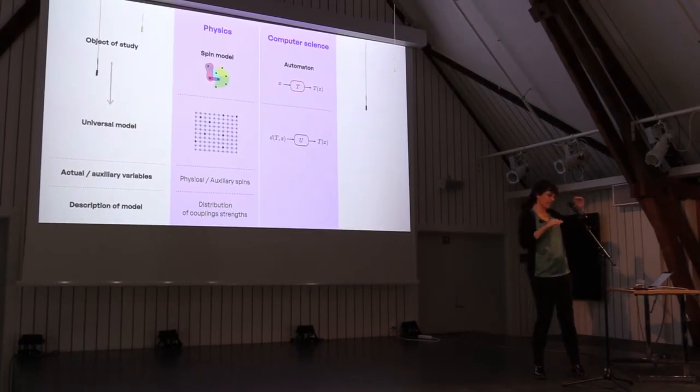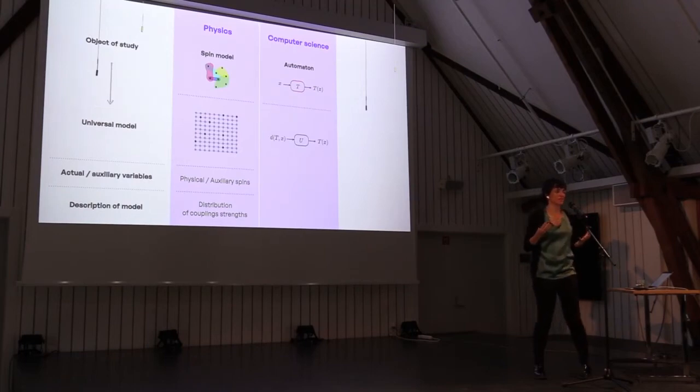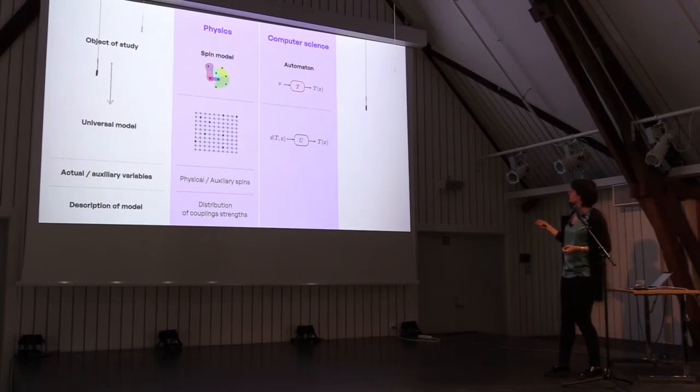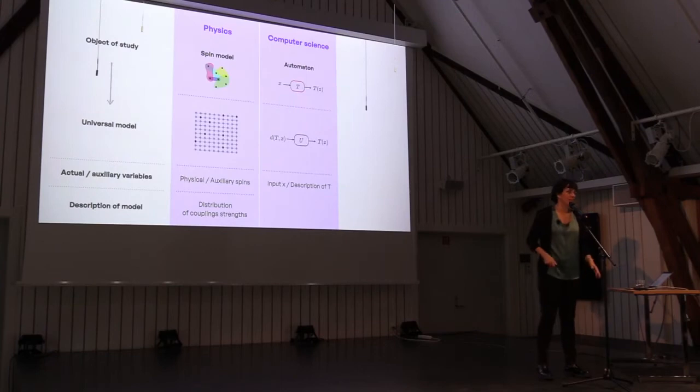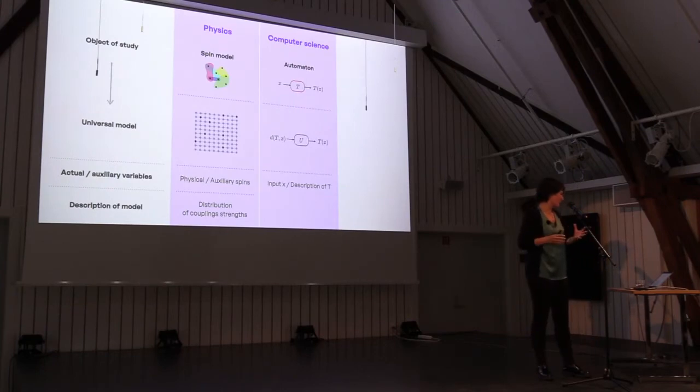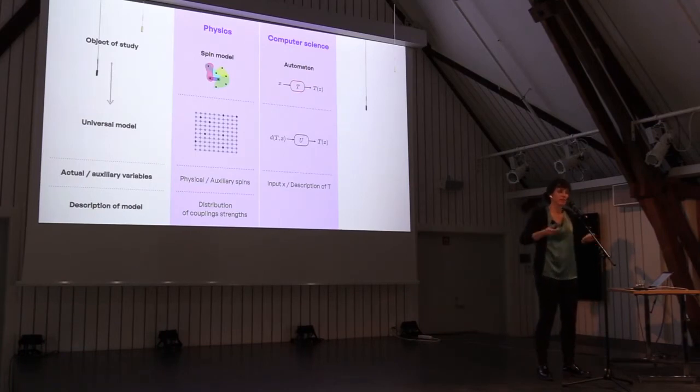So there's a confusion of levels, which gives rise to universality. I think this is the magic here. So you can input a description of the algorithm as part of the input, and then this fixed universal Turing machine will behave like it. So the analog of physical and auxiliary spins is played by the input versus the description of T. So you also need an enlarged input in order for this trick to work.